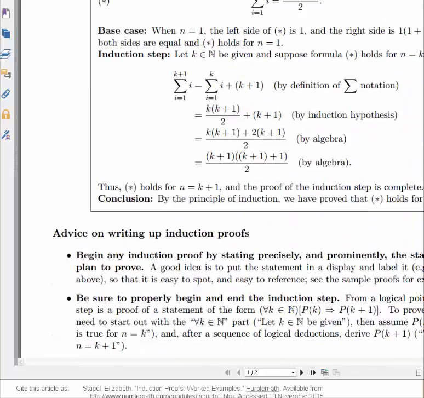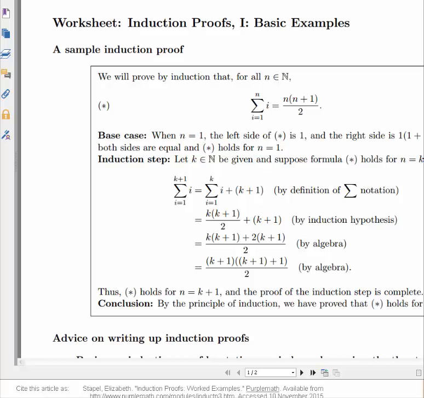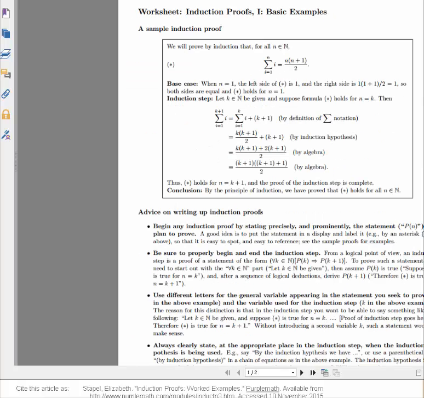All right, let me just introduce this document here. And I'll have to make it a little bit smaller. So this is another example, and you can see it follows the same procedure. Actually, this is the one that we did at the beginning of Purple Math. You have the base case and the induction step.